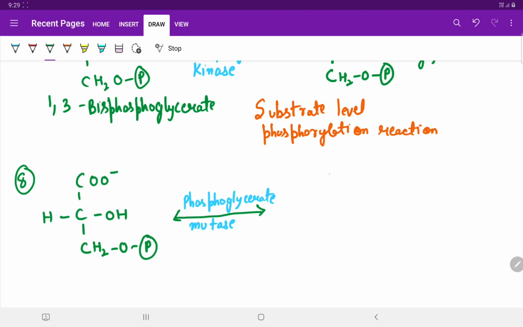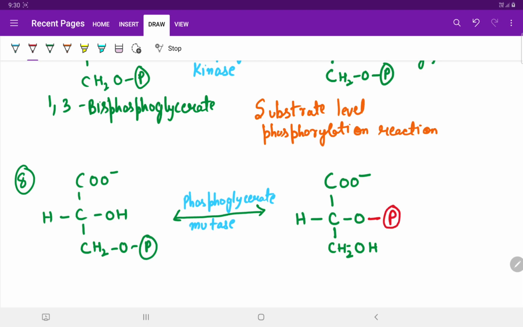I will only show you here the movement of the phosphate group. It moves to here.